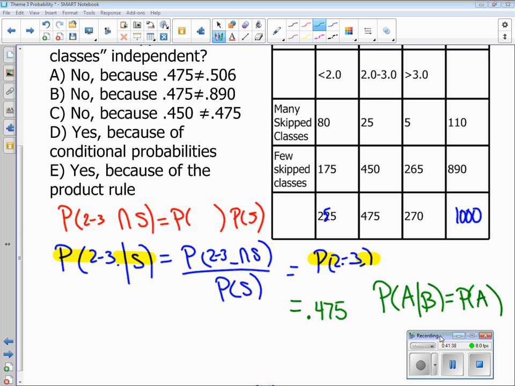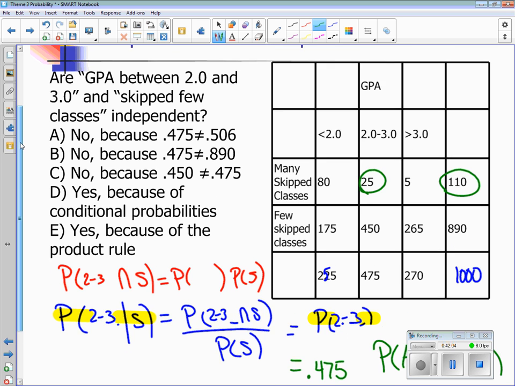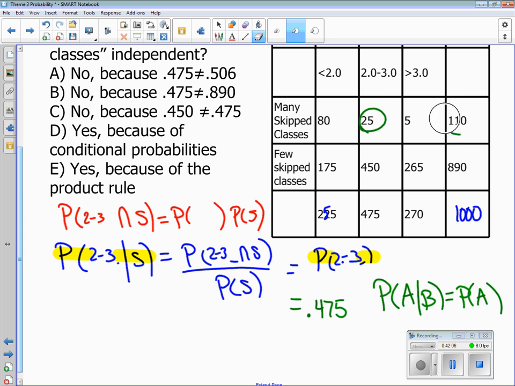So now we have to say, does that equal the conditional? So what is the conditional? Between 2 and 3, given that they skipped. So it's 25 divided by 110? That doesn't look right. Is it skipped few? Oh, good Lord.